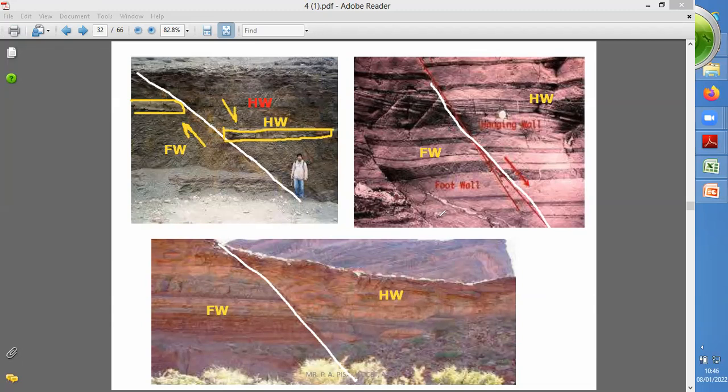Okay, now here you can consider this layer, okay, and this layer. So this layer moves downward direction, this layer moves towards the upward direction. That's why it is again type of the normal fault. Now you can consider another layer in this third diagram.